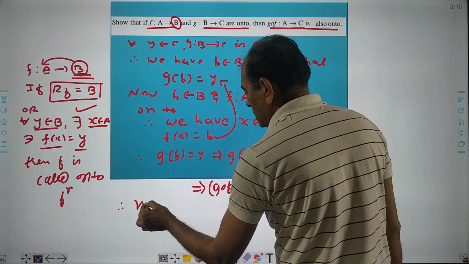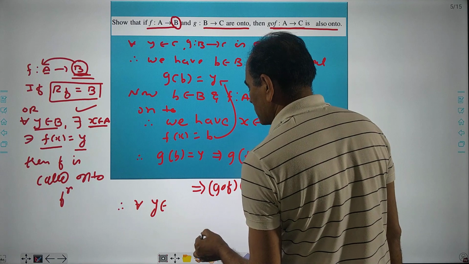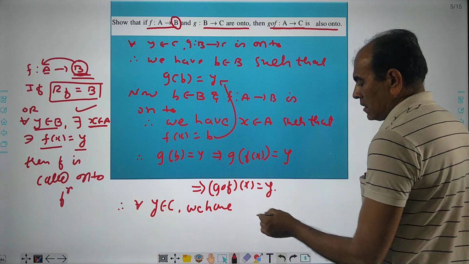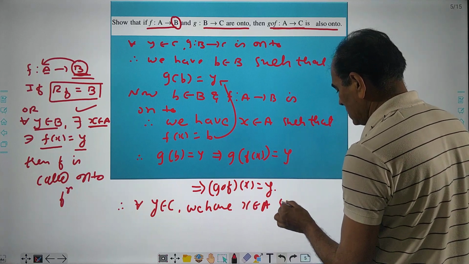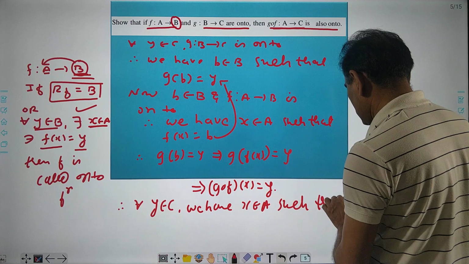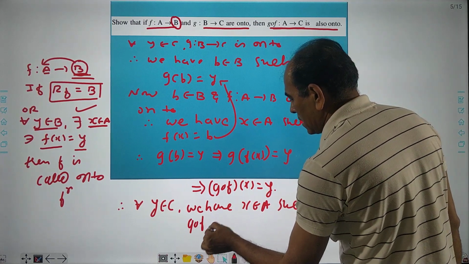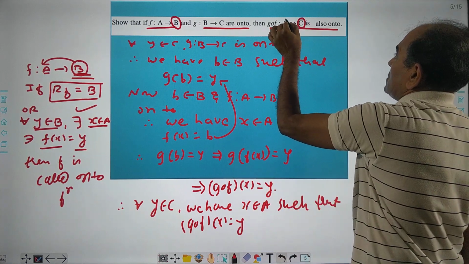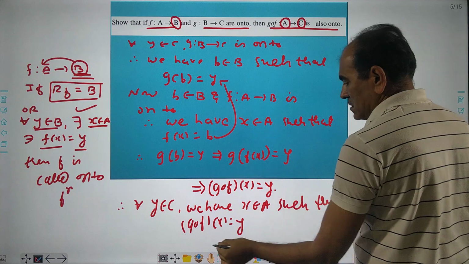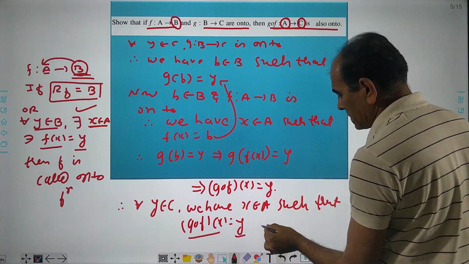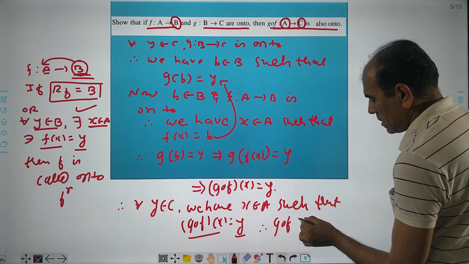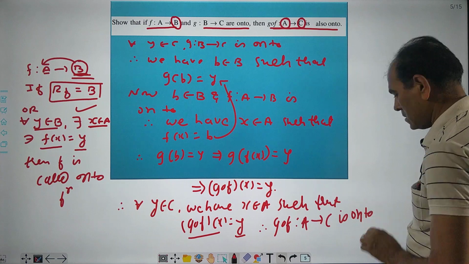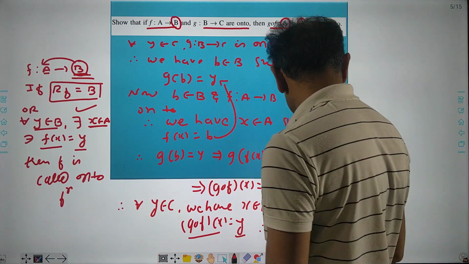Therefore for every y belongs to C, we have x belongs to A such that g of f at x is equal to y, and therefore g o f from A to C is onto. Clear?